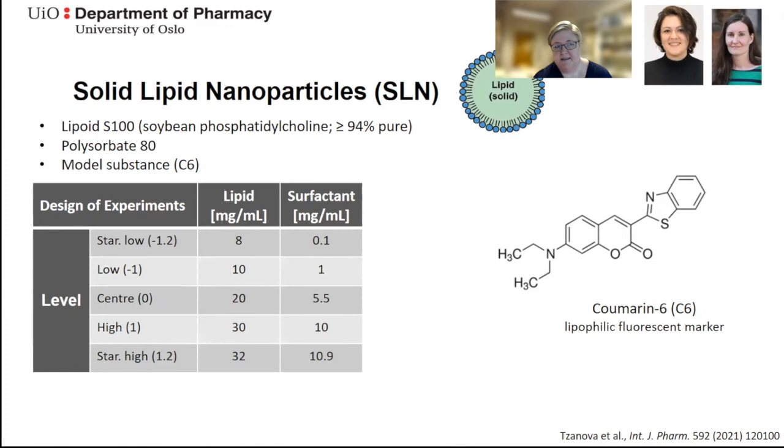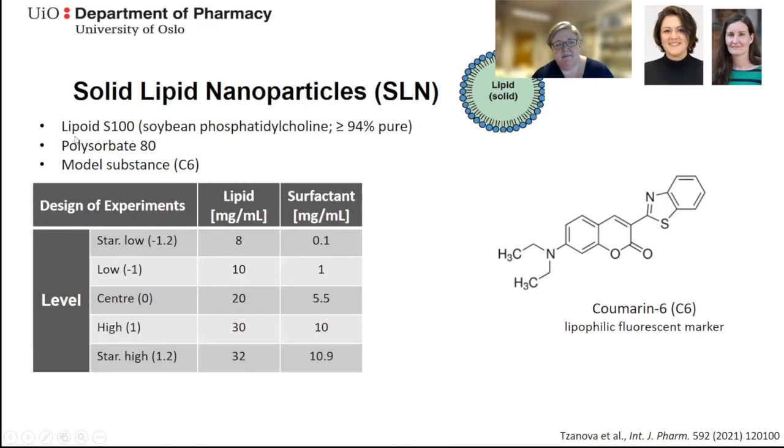And in this study that Martina did during her master thesis, we used coumarin 6, which is not a drug, it's a model substance. It's a lipophilic fluorescent marker that we used as a model for lipophilic drugs.